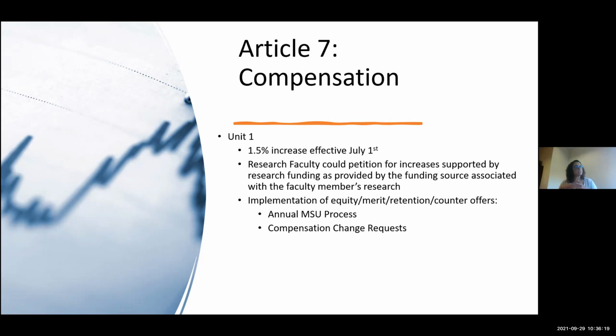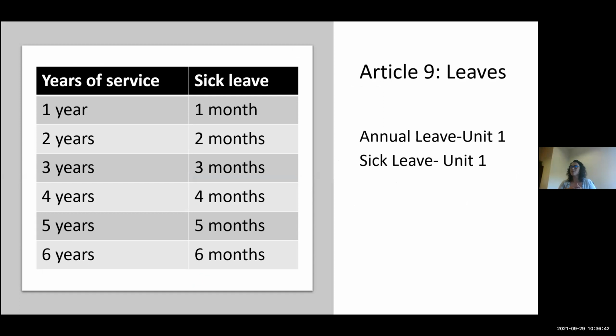There are other provisions in the article which apply more to the regular faculty, like promotional increases and minimum salary thresholds. I'm not going to cover them here unless someone has a question, because I didn't think they were totally applicable to this group for the purpose we've come here today. This article has more information than what I've distilled it down to, but those are the highlights for this group.